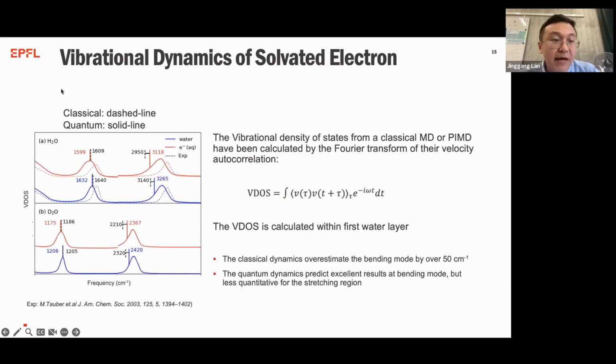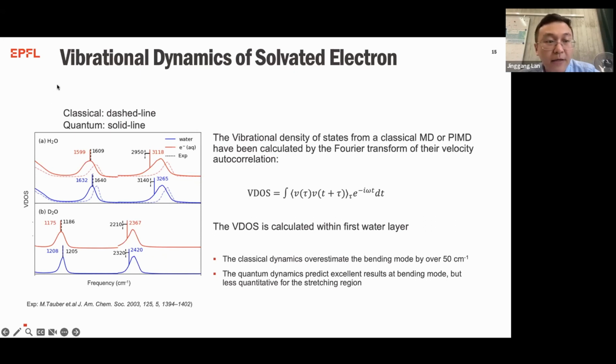And to shed light on the resonance Raman spectroscopy, we carry out the vibrational density of states analysis within the first water shell. The experimental results are marked with the dashed black line in the left figure, the blue curve is the VDOS of water, and the red curve is that of the electron.